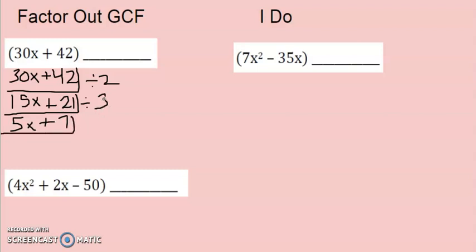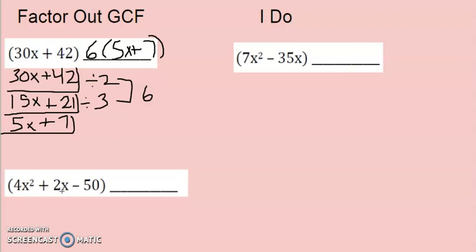We can't divide out any more 3's, and we can't divide out 5 or 7. So that's it. Our greatest common factor is 3 times 2, which is 6. So 6 is going to go on the outside. The items that go inside our parentheses are 5x plus 7, our last layer of the cake. That's our factored form.